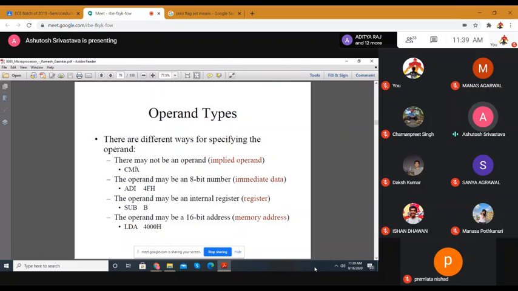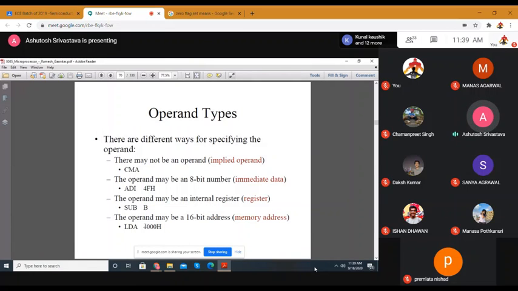You're simply comparing with the value of your accumulator A. While in all the other cases, you are talking with reference to either the data, or the contents in the internal registers, or the contents in your external RAM, which is pointed by the particular memory address.